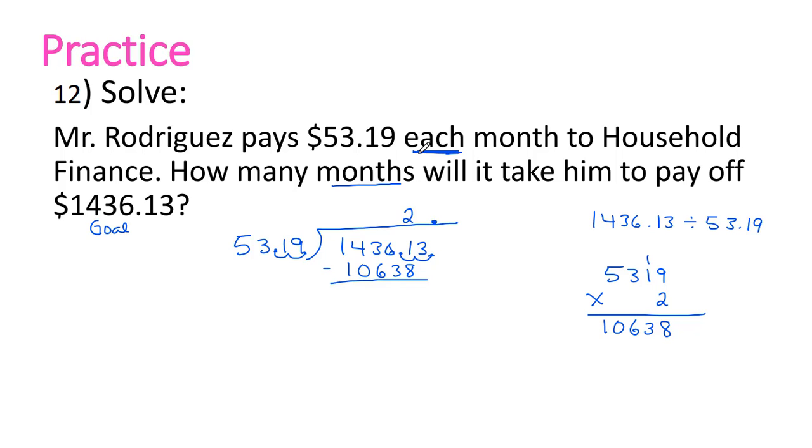We need to borrow 3, 2, we're going to borrow again, 7, and 3, and now we bring down. And now we're going 5,319 into 37,000. Well, 2 times gave us 10,000. So we're getting to 37,000.